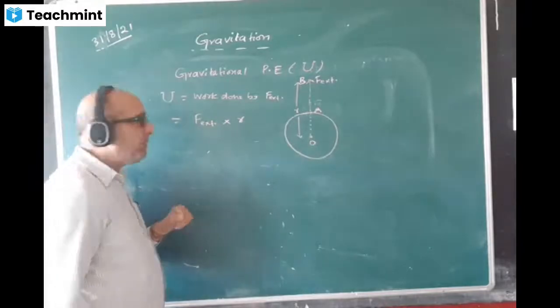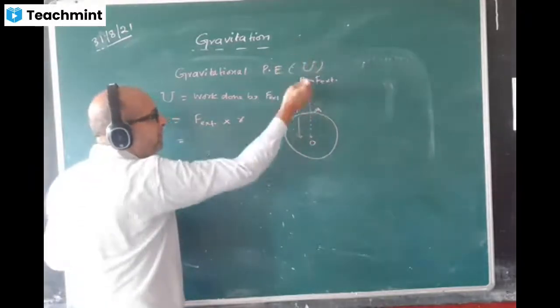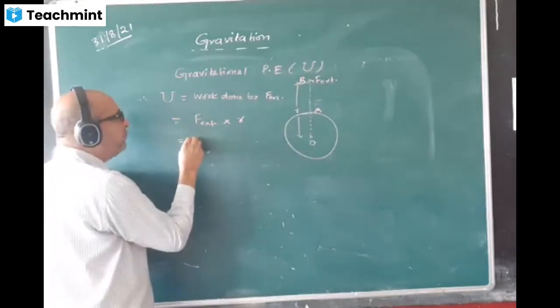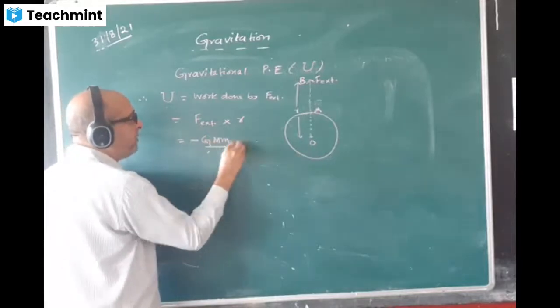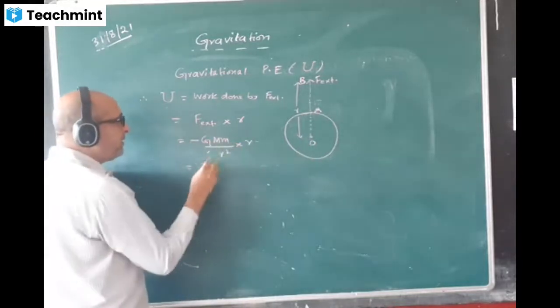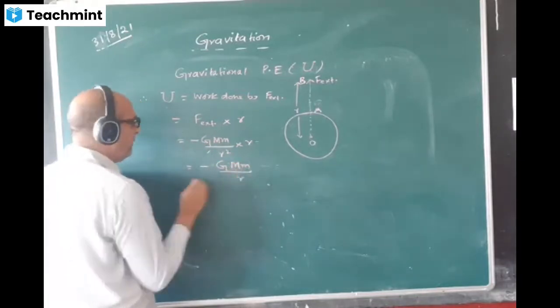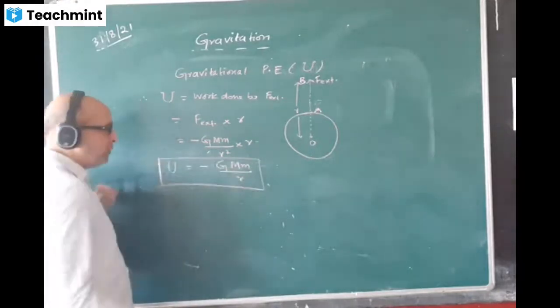But this force is acting against the force of attraction. This will be equal to minus GMm by R square into r. R cancels, you get the answer minus GMm by small r. This is the formula of U.